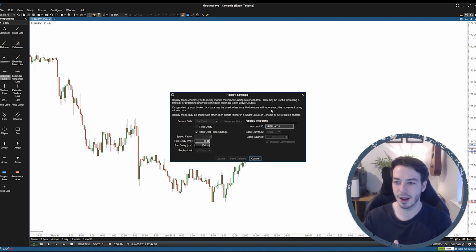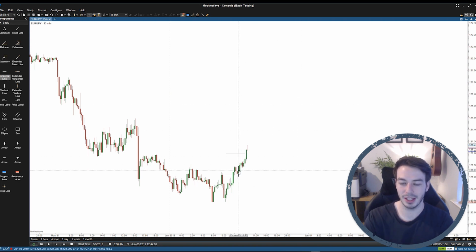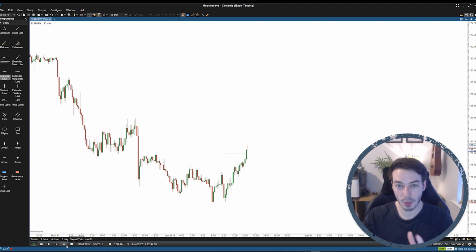So what that means is, rather than having to manually put where you would have entered, where your stop loss would be, where your take profit would be, you can use a paper trading replay account to say, right, I would have entered here, here's my stop loss, here's my take profit, as if it was a live trade, and then fast forward that, and it would record your P&L for that trade within the replay account.